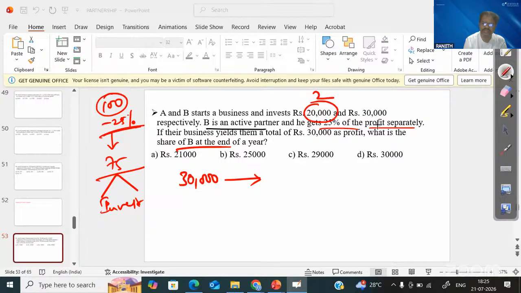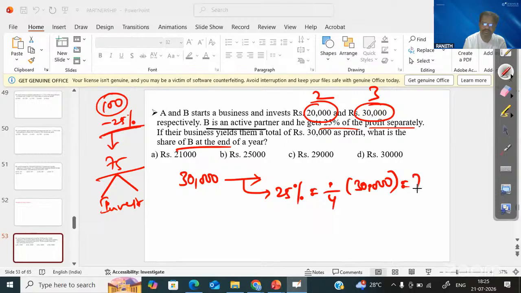It is in the ratio of 2:3. For 25 percent, what is the 25 percent? It will be 1 by 4. 1 by 4 of 30,000 is equal to 7,500. Out of 30,000, if I subtract 7,500, we are left with 22,500.